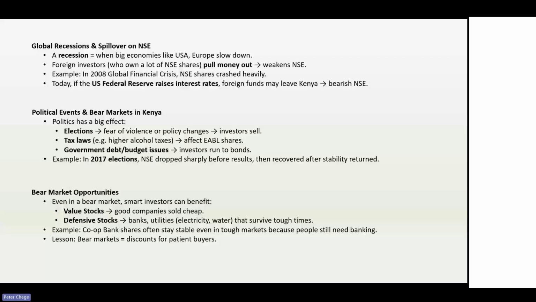And if you look at our market, it's mostly driven by foreign investors, unless now we have introduced the one share rule where we might see a balance. But previously, foreign investors used to drive the market. So when they are pulling out, it means they are selling. These weekends NSE prices fall, because they want to sell before NSE is affected completely by big economies, which may push prices further down, and they are not able to sell.